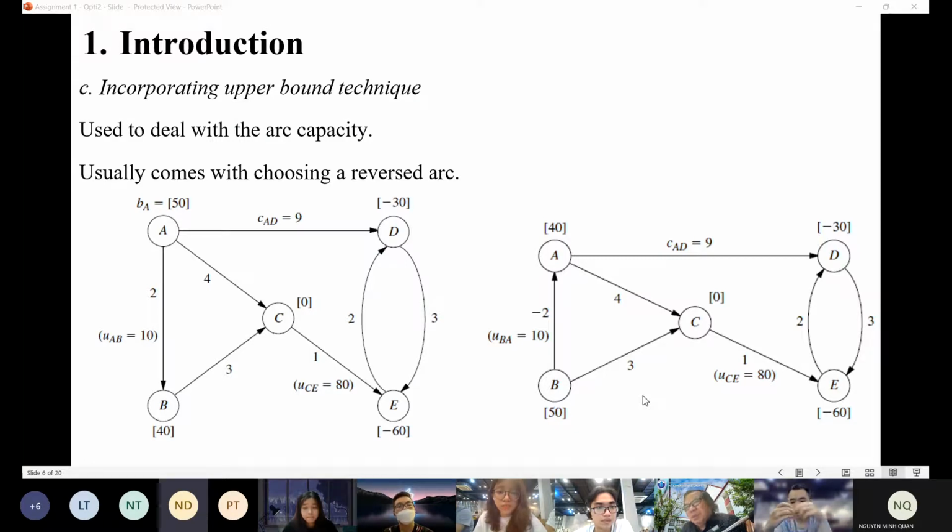That's all. And the CAD is what? Some other student in the group can explain for her.